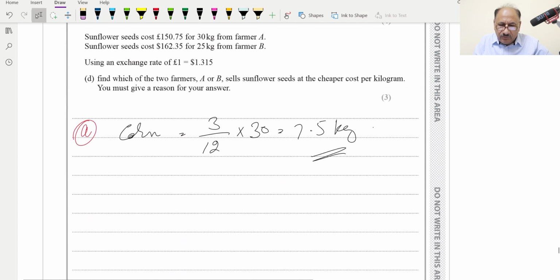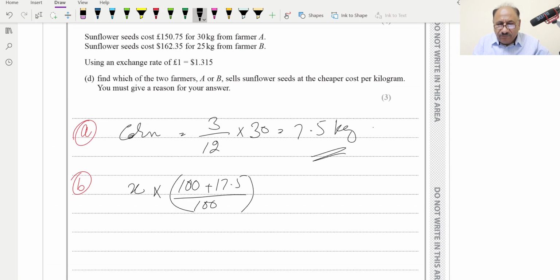So if we suppose x as the amount, then x times 117.5 over 100, because we add the 17.5% in 100 and divide by 100. This is the technique we use in case of profit. In case of loss, this plus will be changed to minus.